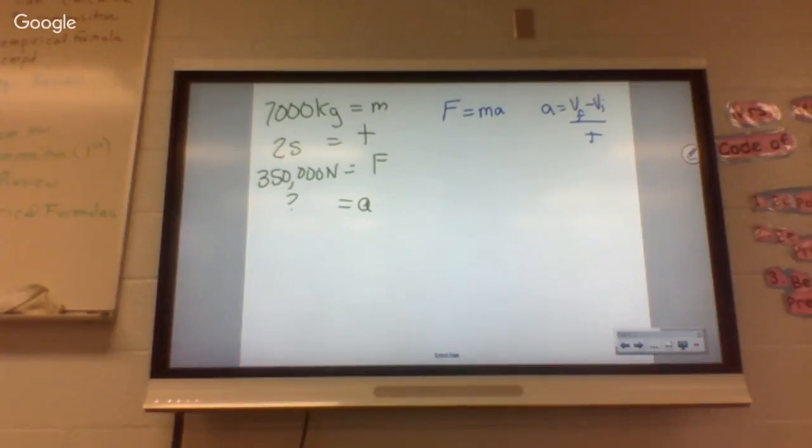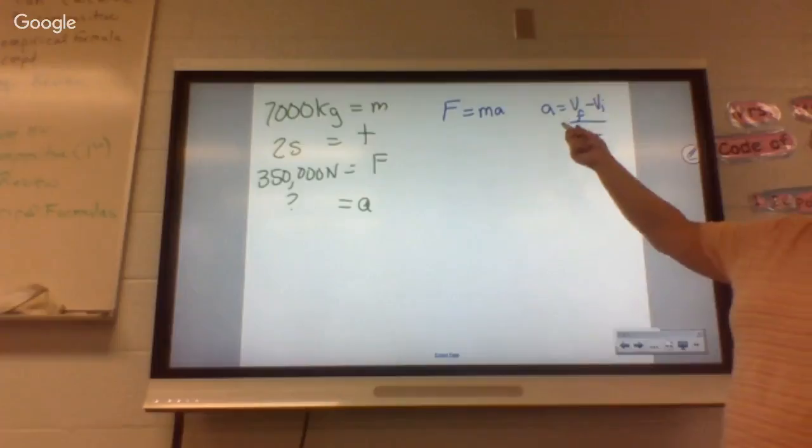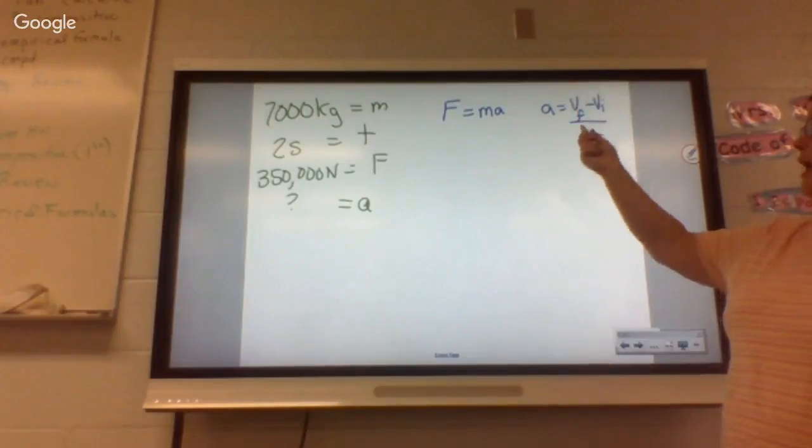All right, so these are our 2 formulas. So if those are our 2 formulas, which one do we have enough information to use? For those people who said A equals V over T, do we have V and do we have T to find A?